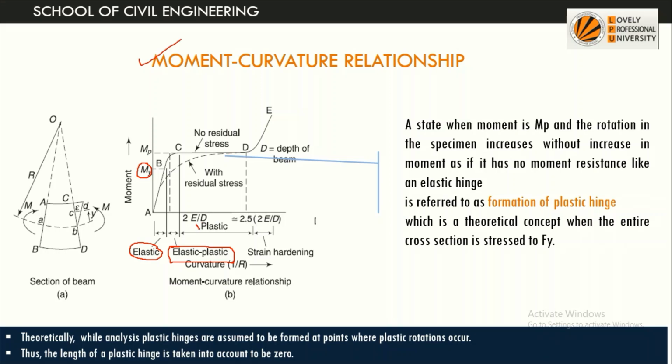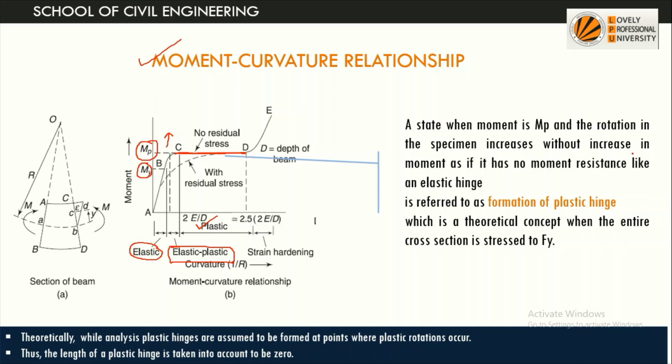This corresponds to the plastic curvature or plastic portion. So what we see is that after the plastic moment is reached, there will be an increase in rotation without increase in the value of moment. So at this point what happens? It continuously deforms as if it is having no moment of resistance, like an elastic hinge.